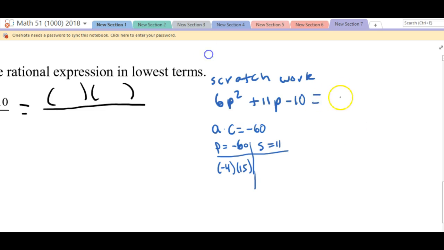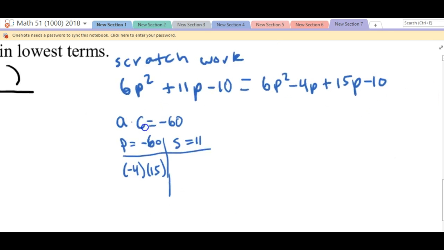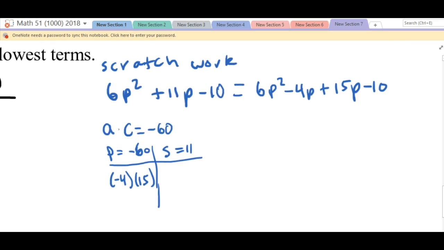We rewrite it, so we get 6p squared. Recall, if there's a negative and a positive, I like to put the negative first. So I'm going to put minus 4p plus 15p minus 10. All right, now group.